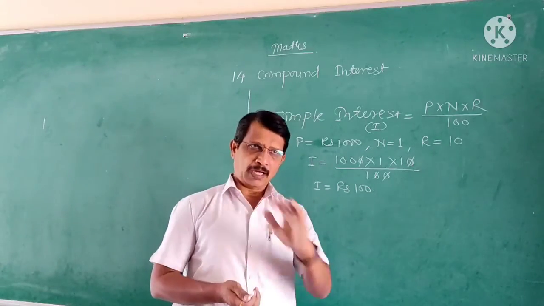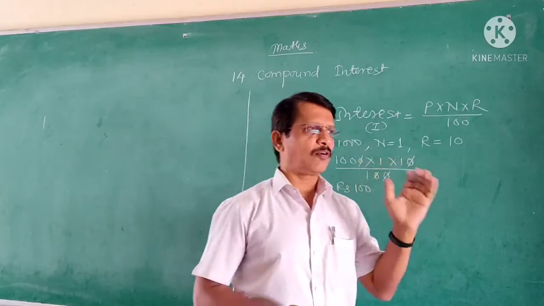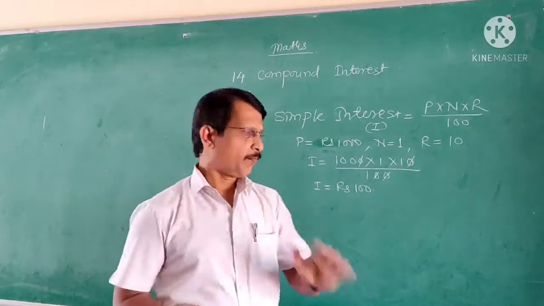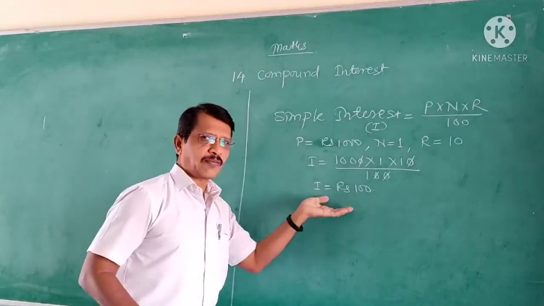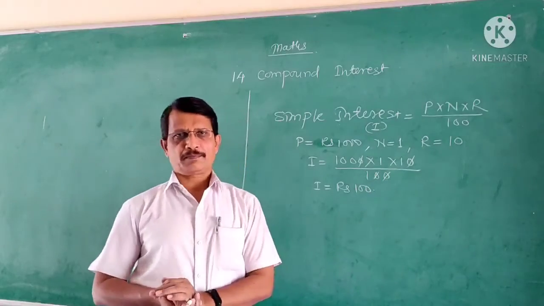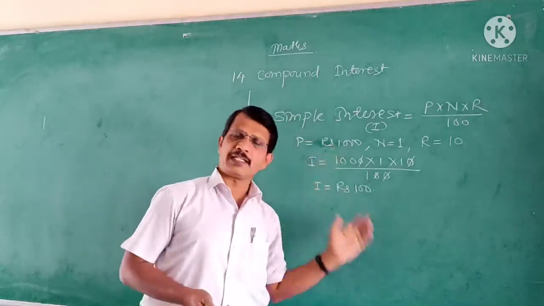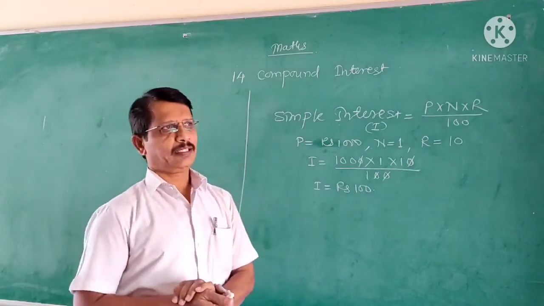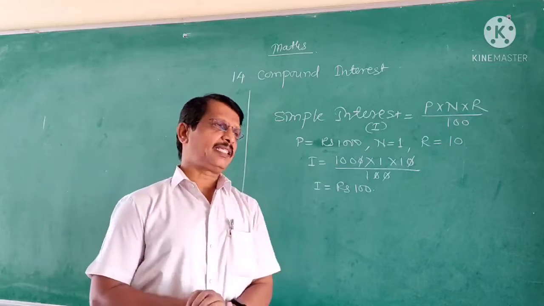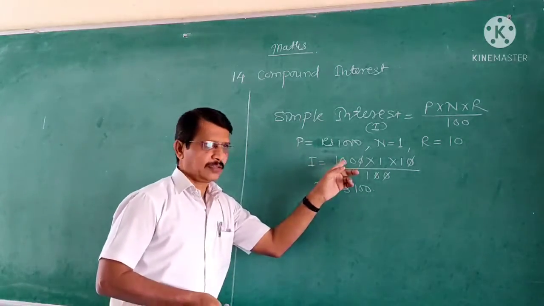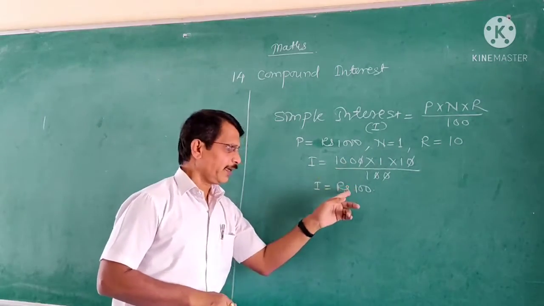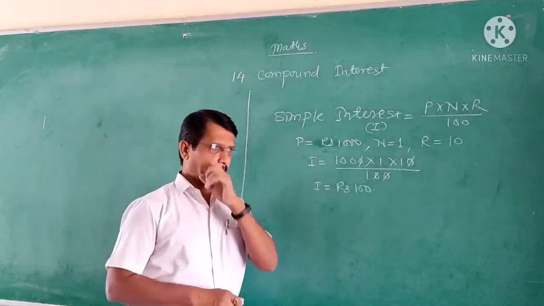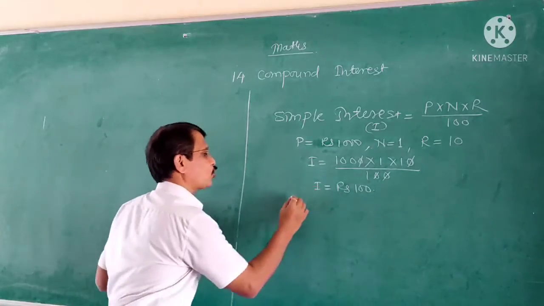But if the borrower who borrowed an amount from a bank fails to pay the principal and interest to the bank, then the bank considers the principal and interest in this way.